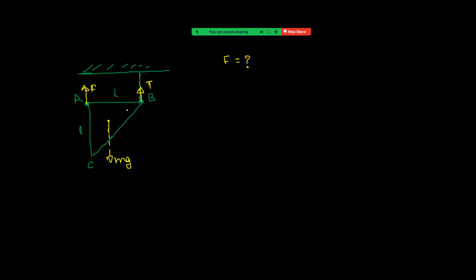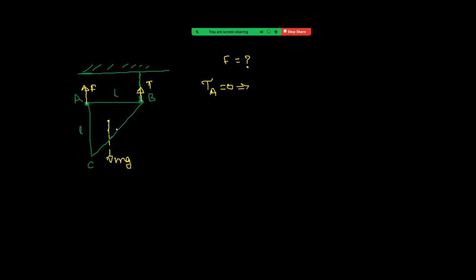So since it is in equilibrium, net force 0, net torque 0. Whenever net force is 0, net torque will be the same about any point. So I'm taking a torque equation about point A. Okay. So about point A, torque must be 0.